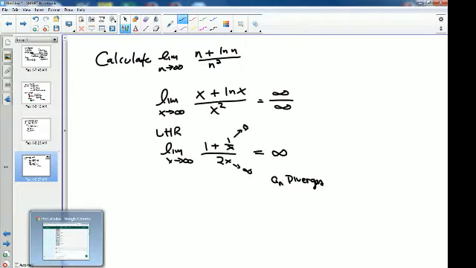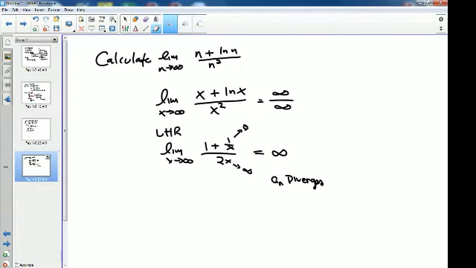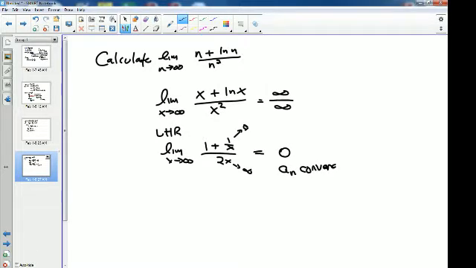Because the top just goes to 1. Oh wait. It's 0. Goodness, what am I thinking? I'm glad that we caught that. The bottom goes to infinity, the whole fraction goes to 0, so a sub n converges. That's a little different result. Oh, yeah. Sorry. I thought I was going to get away with not making a mistake today.